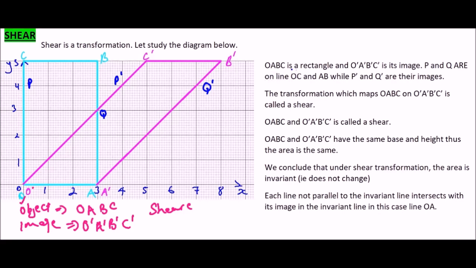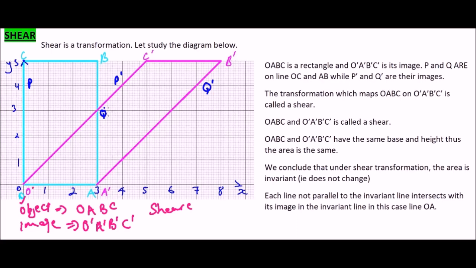OABC is a rectangle, and OABC prime is its image. P and Q are on line OC and AB. So this is our P, this is line OC from there to there, and this is our Q from on line AB.